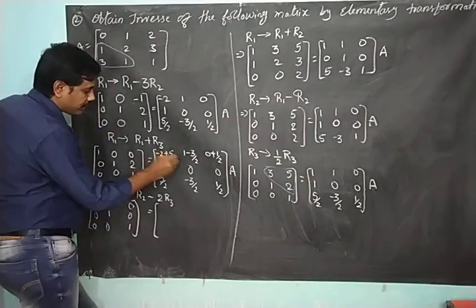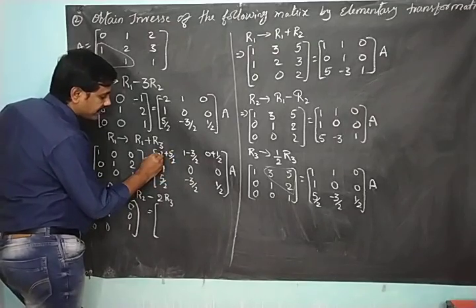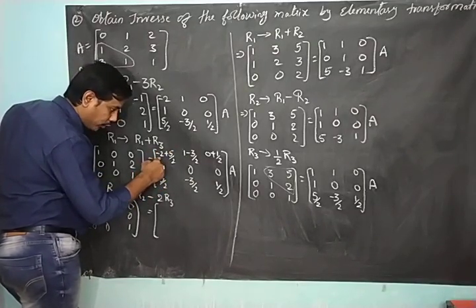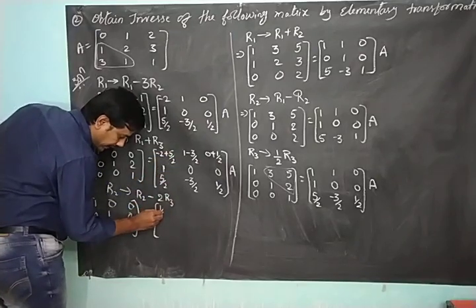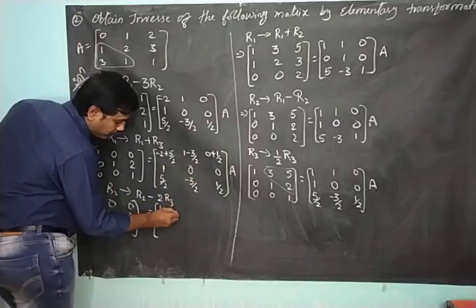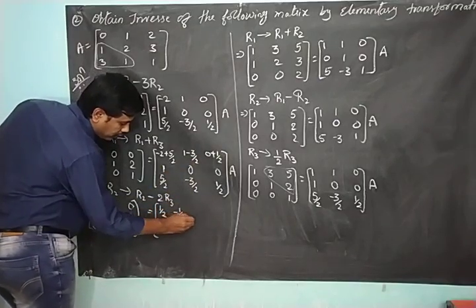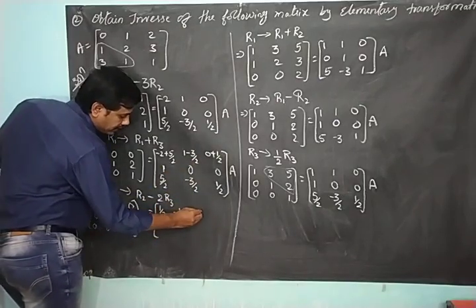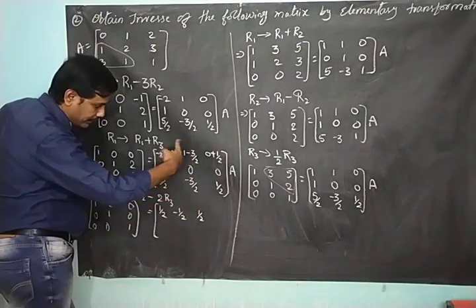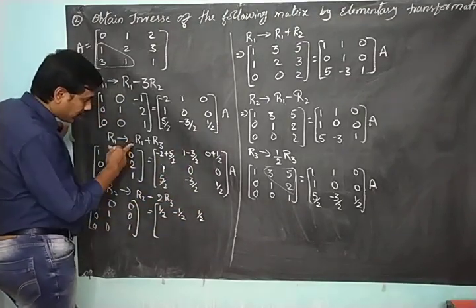So what is the simplification? Minus 2 plus 5 by 2. If I take LCM, this will be minus 4 plus 5 by 2, that is 1 by 2. And this is 2 minus 3 by 2, minus 1 by 2. This is 1 by 2. I have not changed this one, just simplified. And R2 is what?